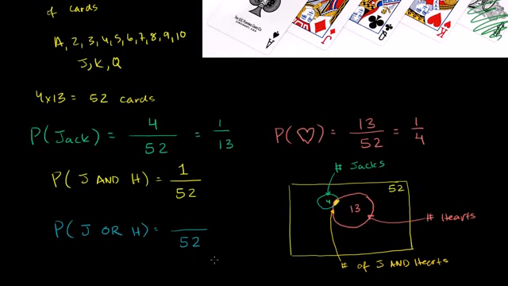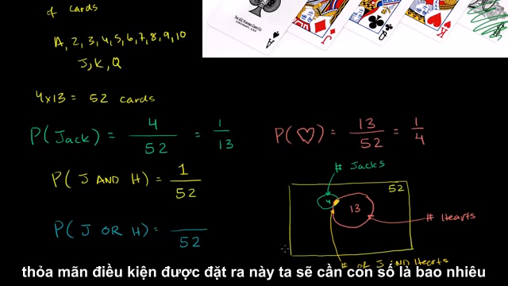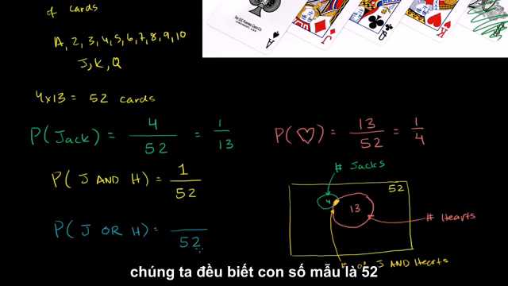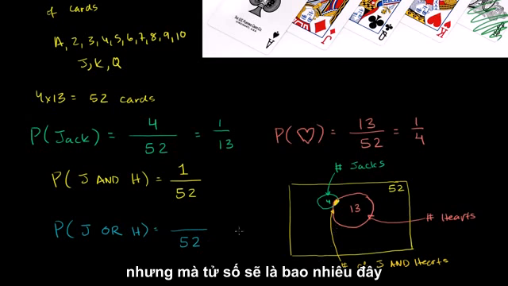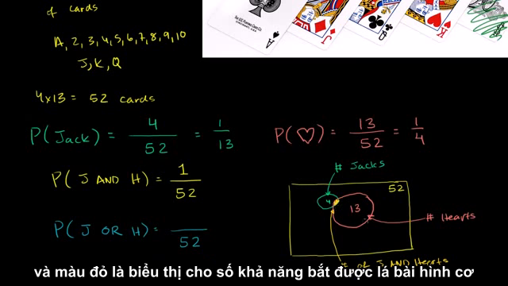So what is the probability of getting a jack or a heart? So if you think about it, the probability is going to be the number of events that meet these conditions over the total number of events. We already know the total number of events are 52, but how many meet these conditions? So you could say, well, look, the green circle right there says the number that gives us a jack, and the orange circle tells us the number that gives us a heart.